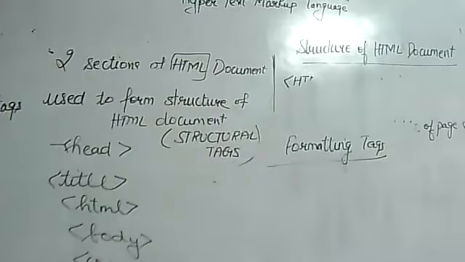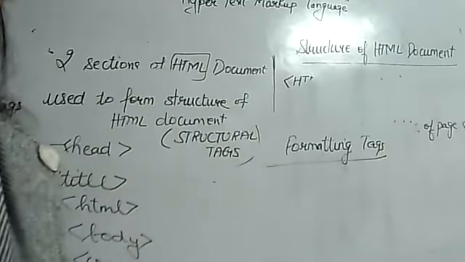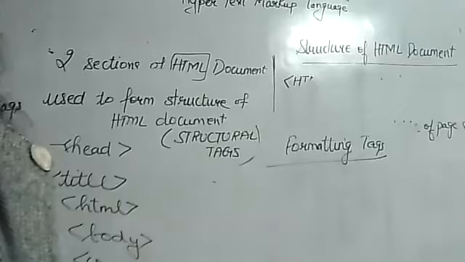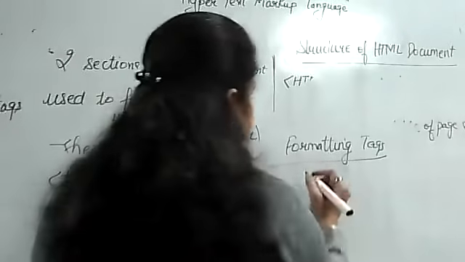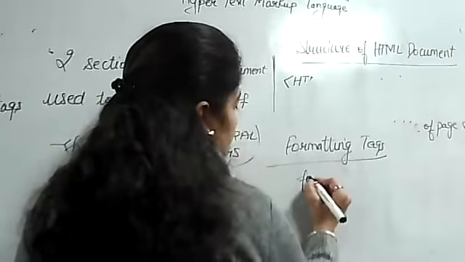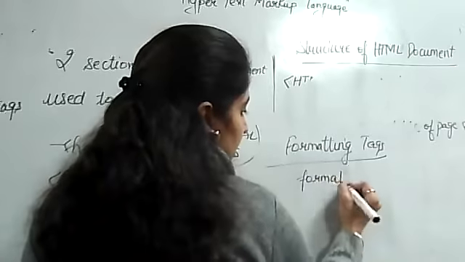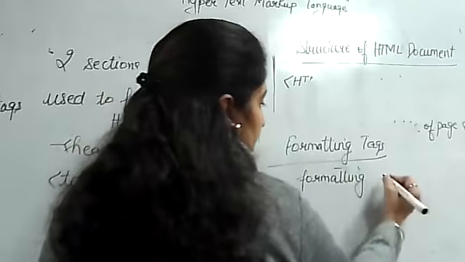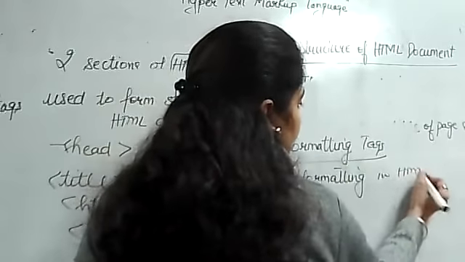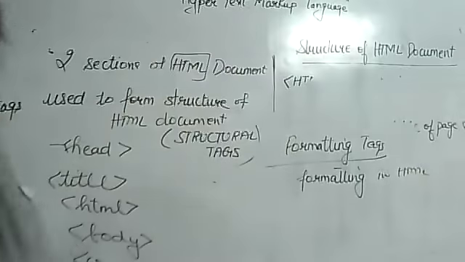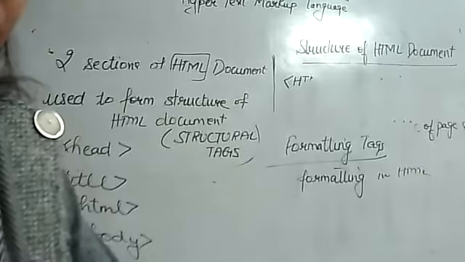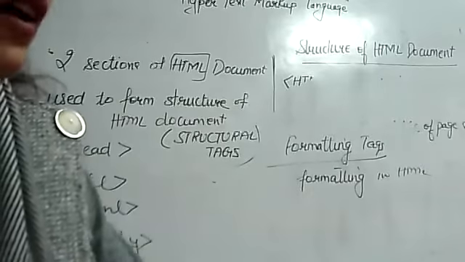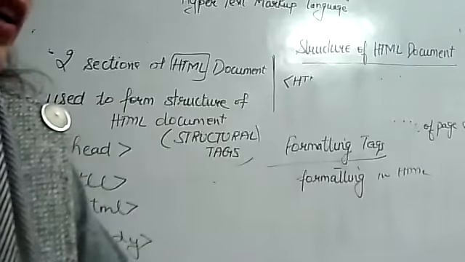What are formatting tags? Formatting tags are the tags which are used to format the HTML document, used for editing. The tags which are used for giving formatting in the HTML document are called formatting tags.